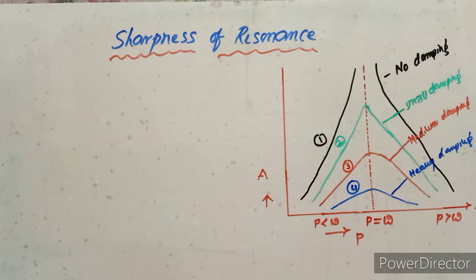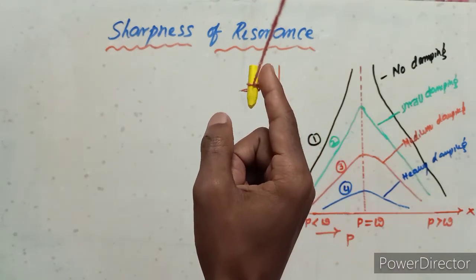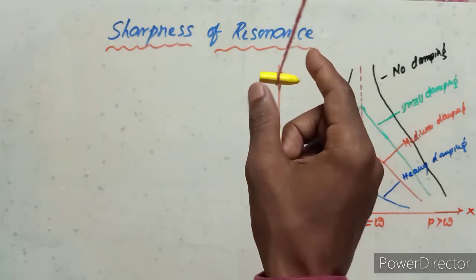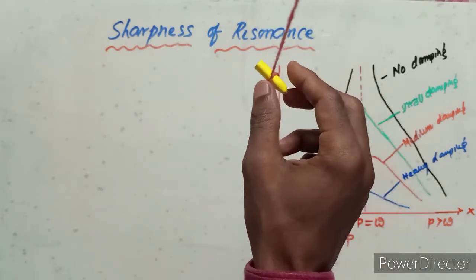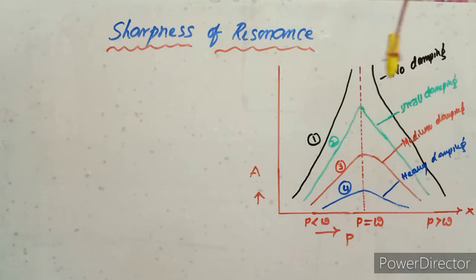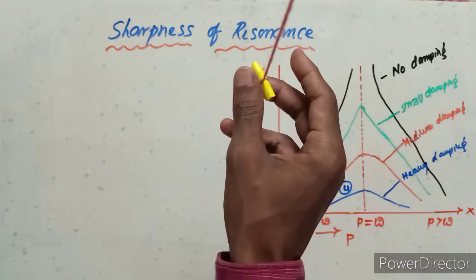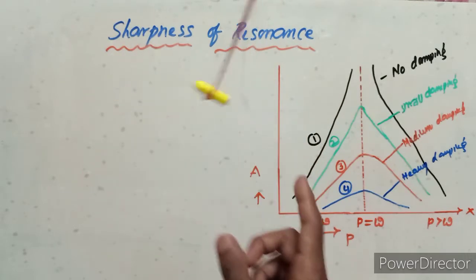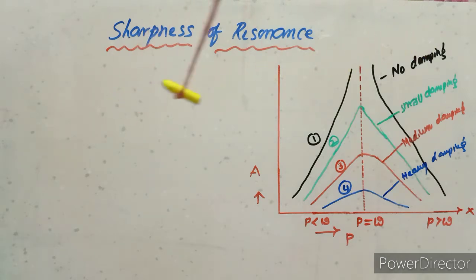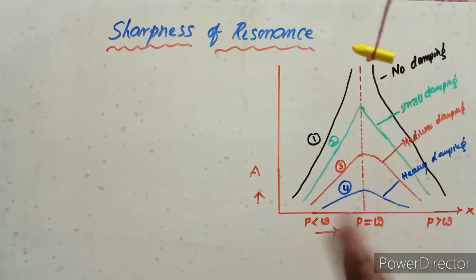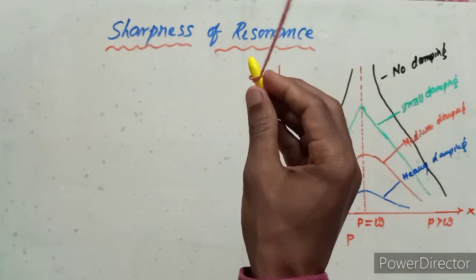These are the four curves. What will be the change of amplitude and damping at the resonant frequency? Let us consider some oscillator. This oscillator oscillates. Now we apply the force, and then the force is removed. Then the oscillator oscillates naturally.